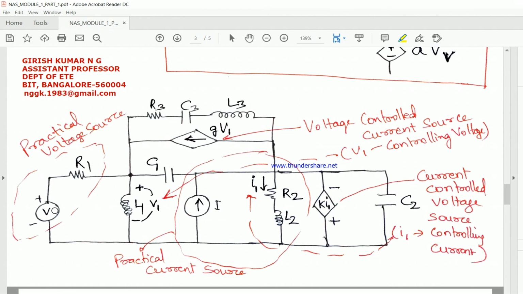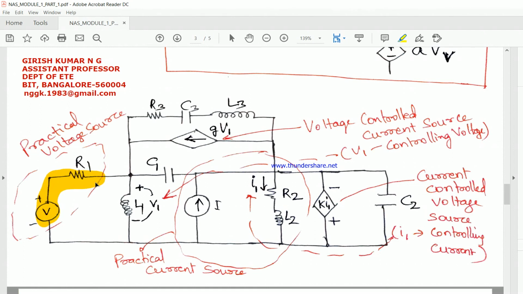It means that this voltage source V has an internal impedance R1, and anyway we haven't given the value of R1. As I said, for a practical voltage source, if the internal impedance is 0, then it is called an ideal source. So there should be some value of R1 here. So this is the practical source. The combination of R1 and this V is what a practical voltage source is called.